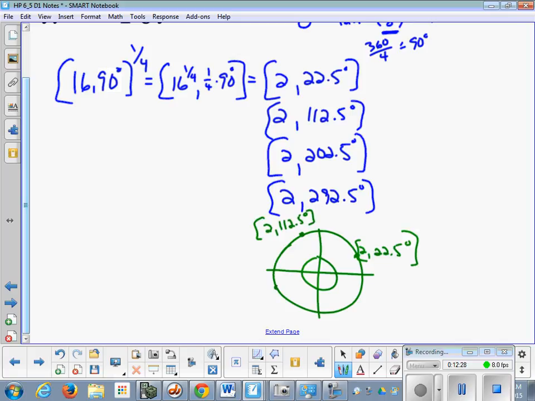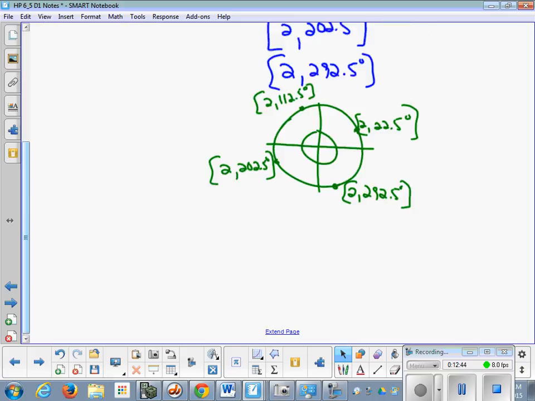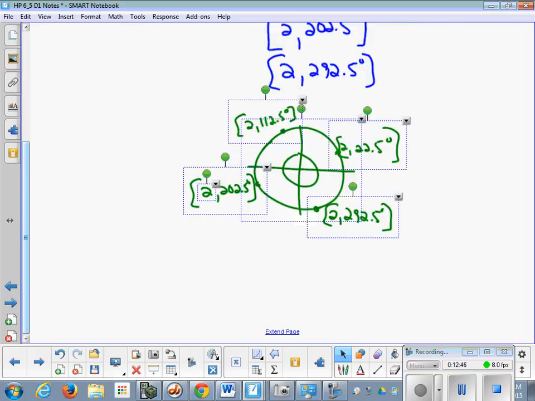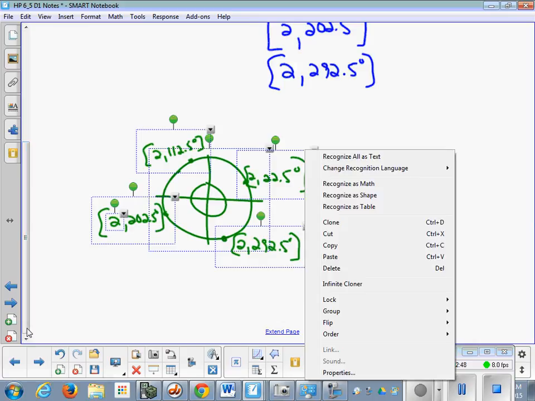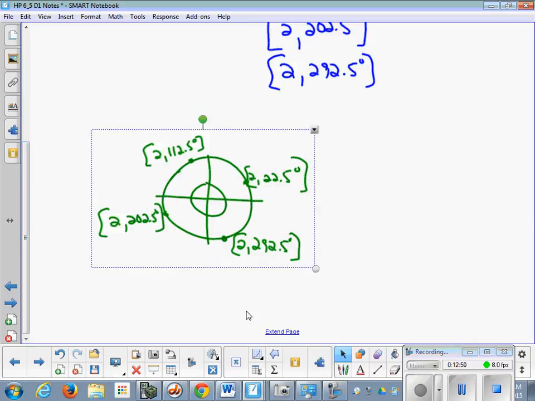I've got another one here at 202. And I've got another one here at 292. Okay, this is what these would look like if I graph them on a polar graph. Let me make it bigger.